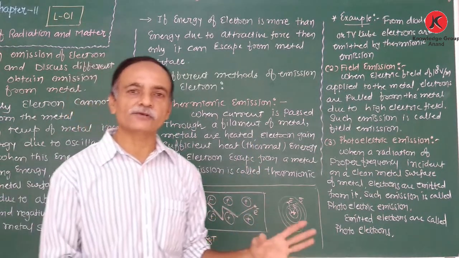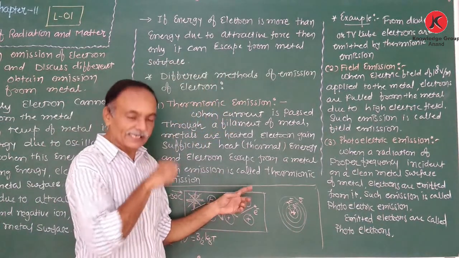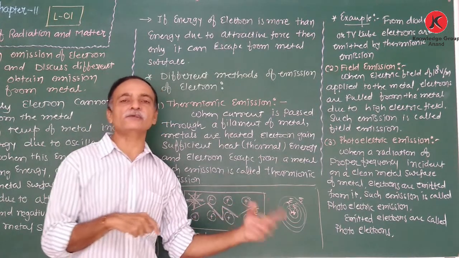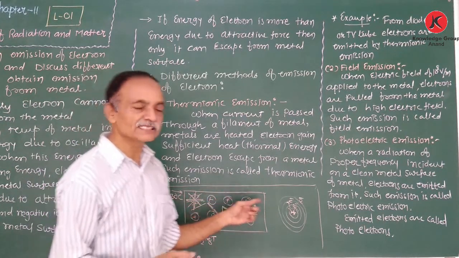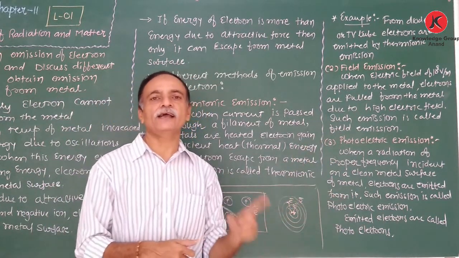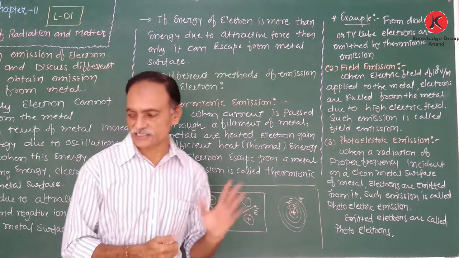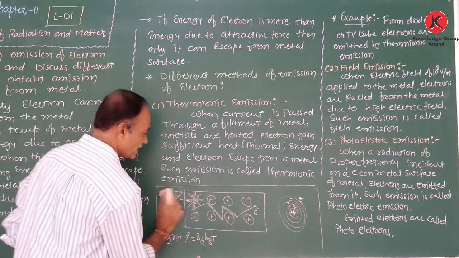So the electrons and positive ions on the surface of the metal get more kinetic energy, and as a result the electrons start to be emitted from the metallic surface. And these electrons are incident on the TV screen and produce the picture. Clear this? Okay.